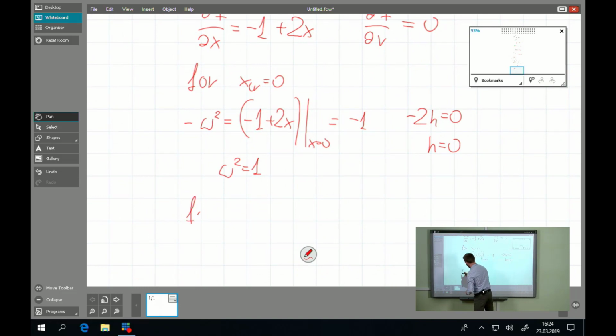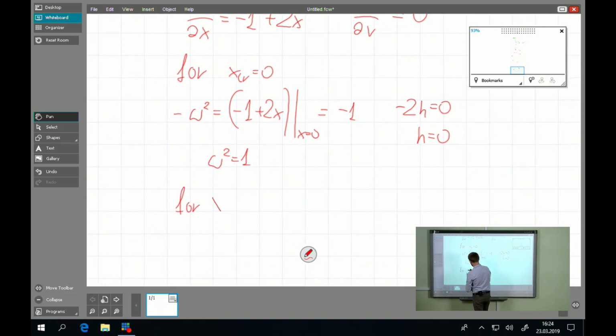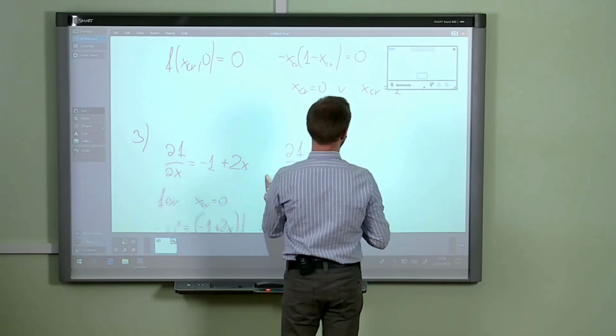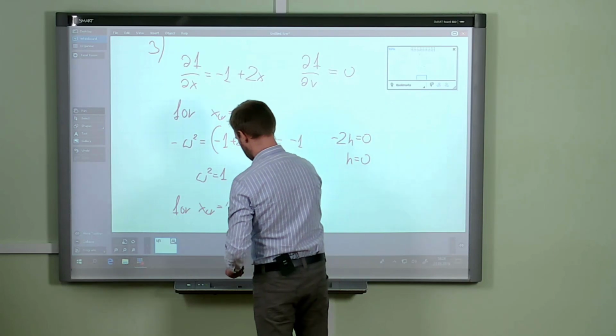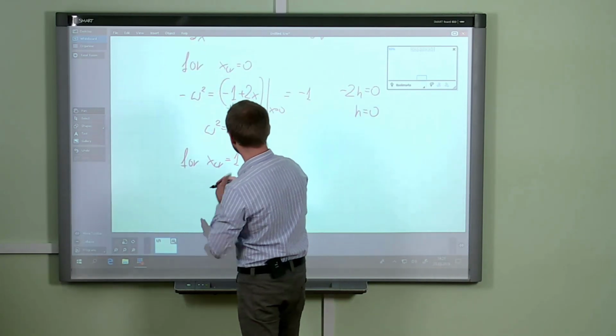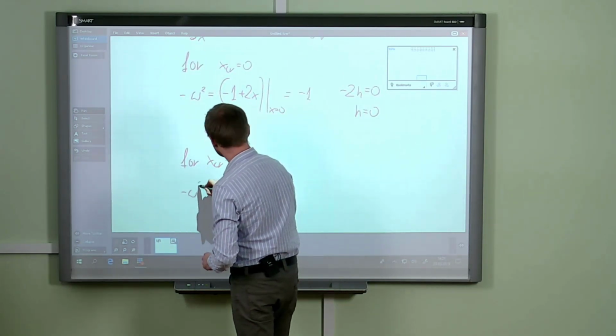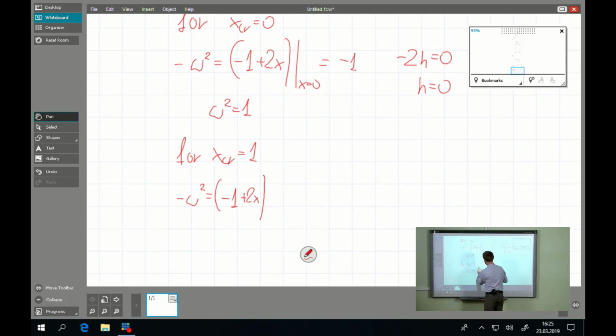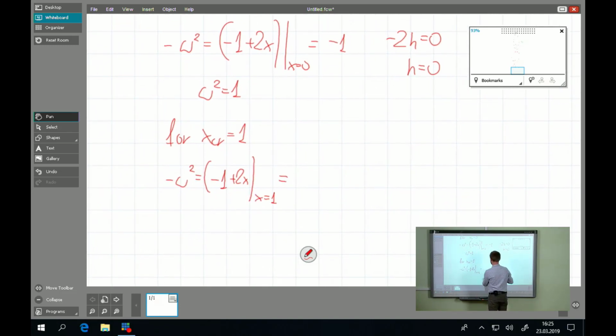Okay? For the other critical point, I mean the last critical point, we see that it will be exactly 1, like we computed. Let's compute the values. It means that minus omega square will be minus 1 plus 2x at the point x equals 1, which, as we see, is 1.